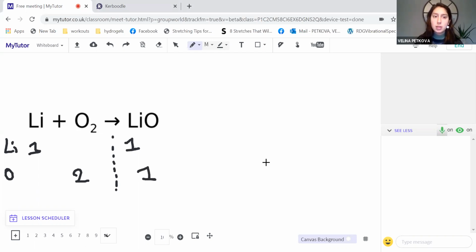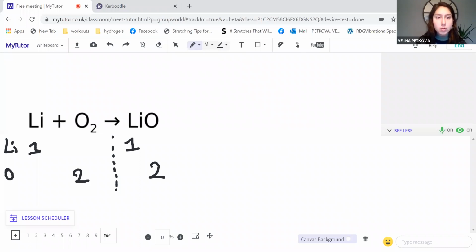Where do we start then? So if we want to balance the oxygens, you can just put a 2 in front of the lithium. Yeah, in front of the lithium oxide, sorry. Brilliant, okay. So then our oxygens are happy because how many oxygens do we have on the right? We have 2.